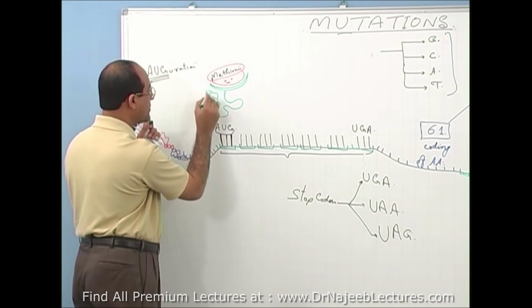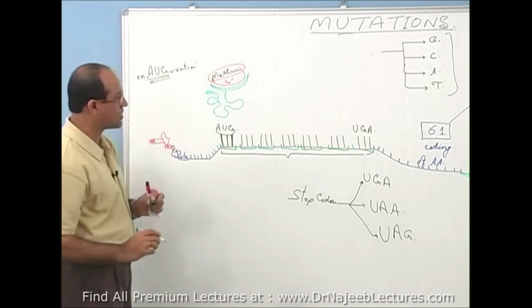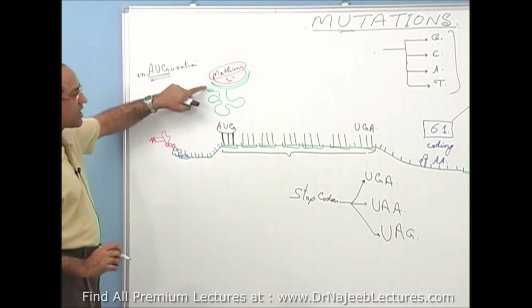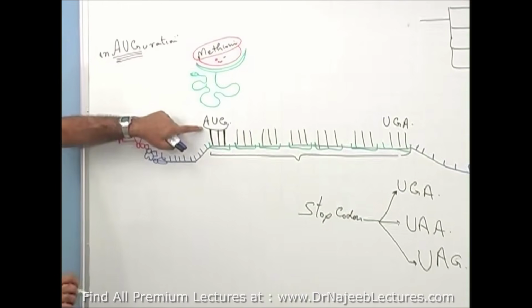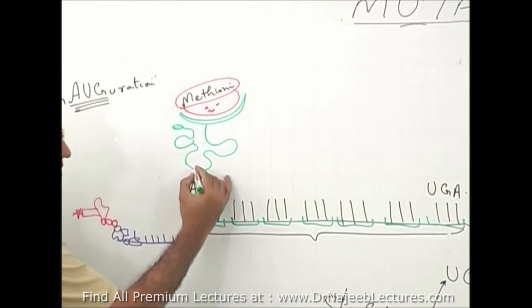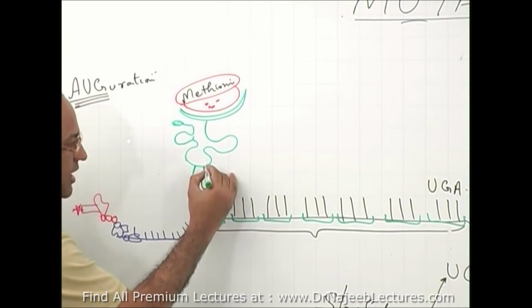This is the 5 end of the transfer RNA, and on the 3 end we have methionine. Actually, how will this methionine-carrying transfer RNA sense the presence of AUG? The answer is that it has points here which are called the anticodon.